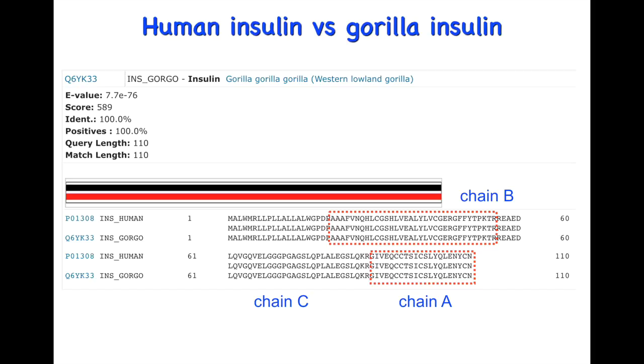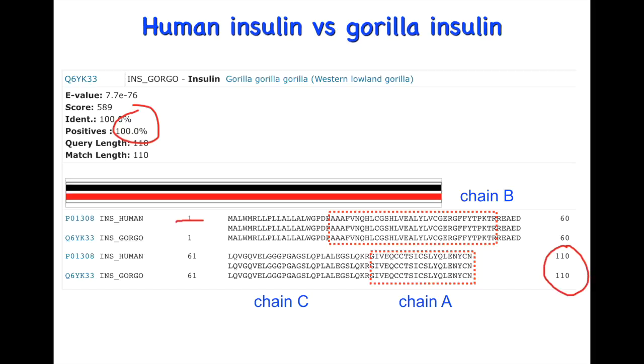So what I've done here now, I've compared the structure of insulin to some various species. This is the comparing of human insulin to gorilla insulin. It's exactly the same, 100% the same. 110 amino acids for both species, exactly the same.